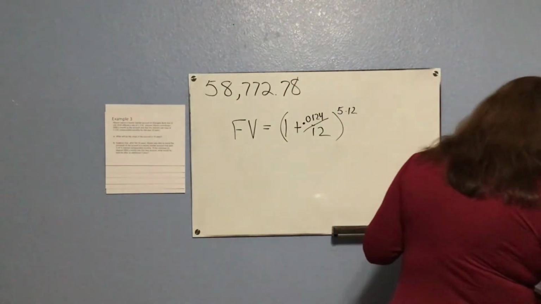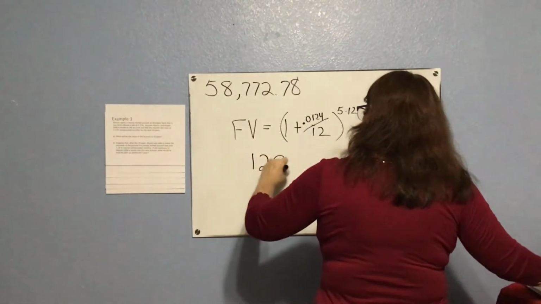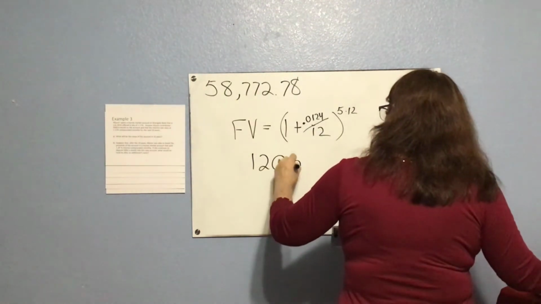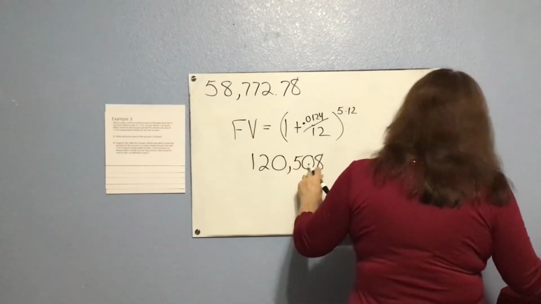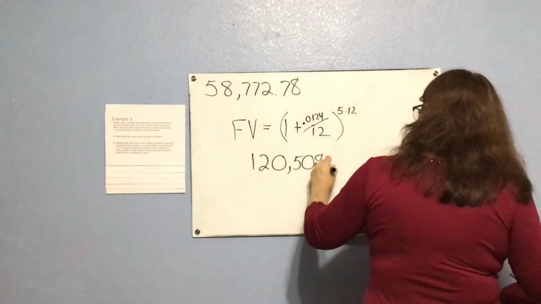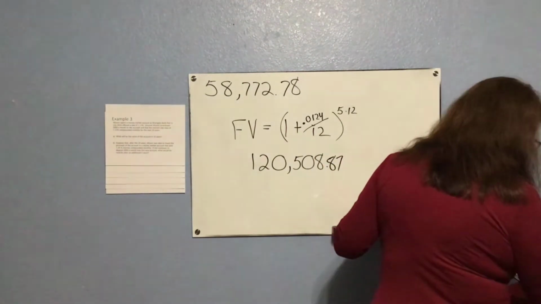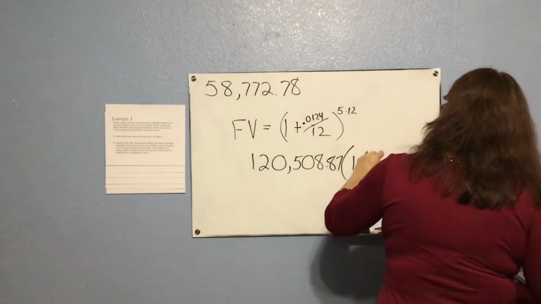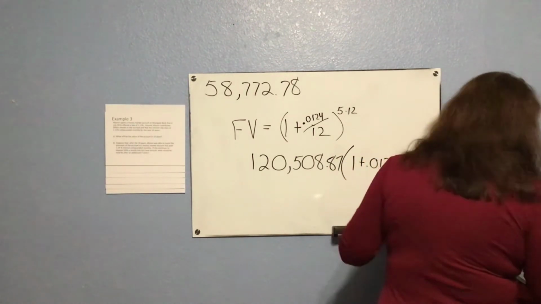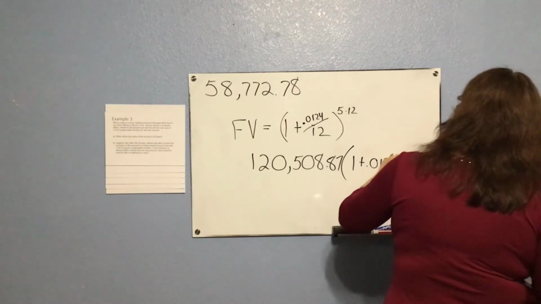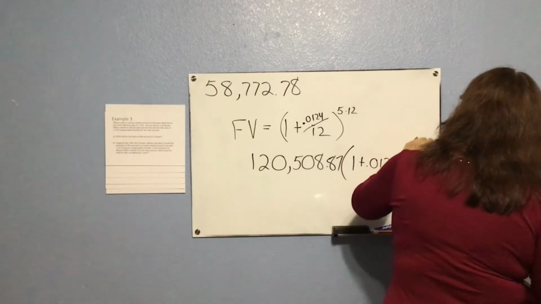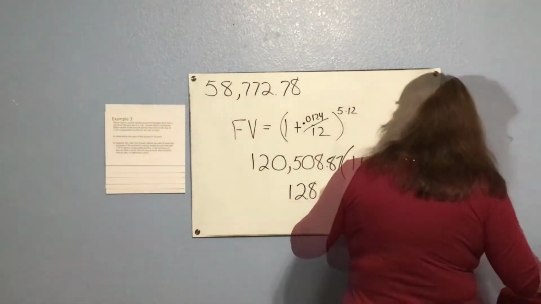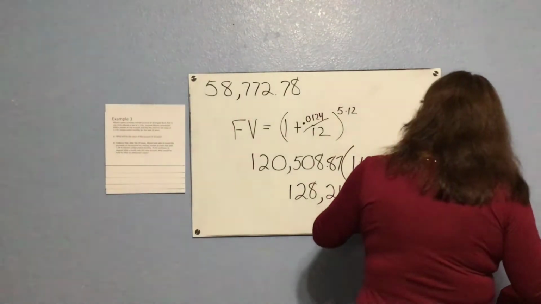So I'm going to get $120,508. That's how much she got out of the first account. $128,000 times (1 + 0.0124/12)^60.